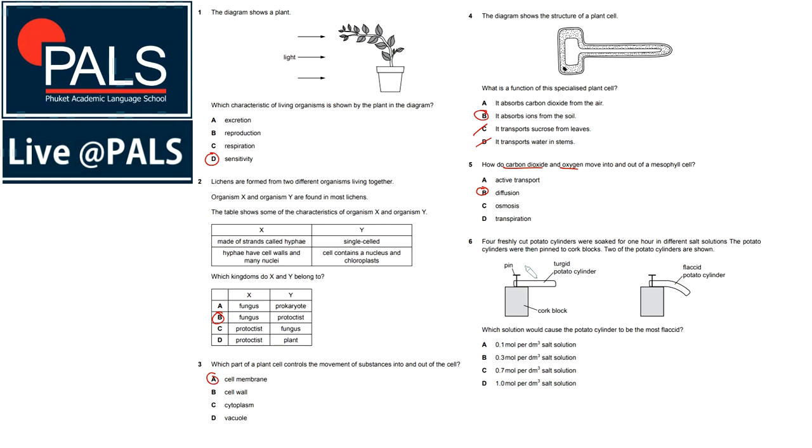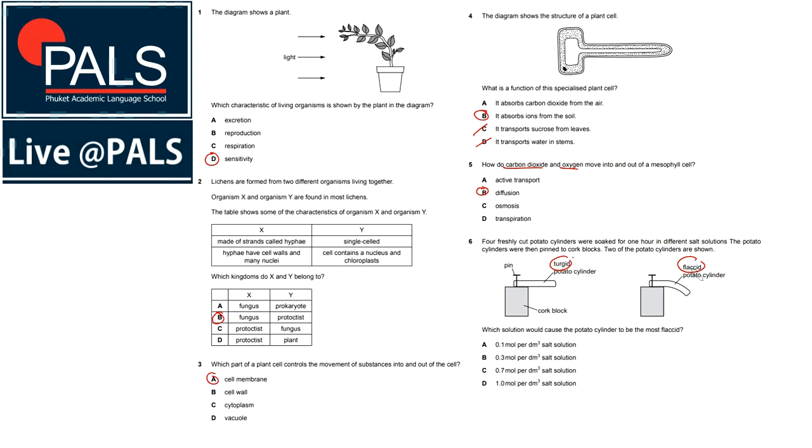Four fleshy cut potato cylinders were soaked for one hour in different salt solutions. The potato cylinders were then pinned to cork blocks. Two of the potato cylinders are shown. Which solution would cause the potato cylinder to be the most flaccid? So here we see the word flaccid. Turgid is the opposite.